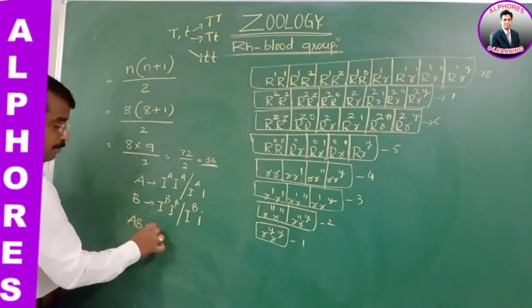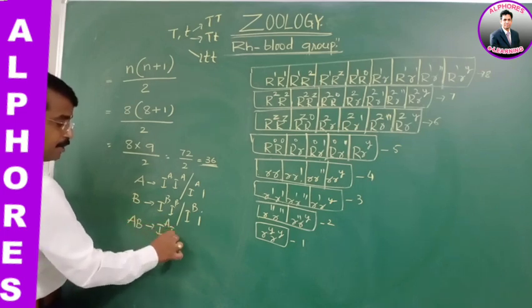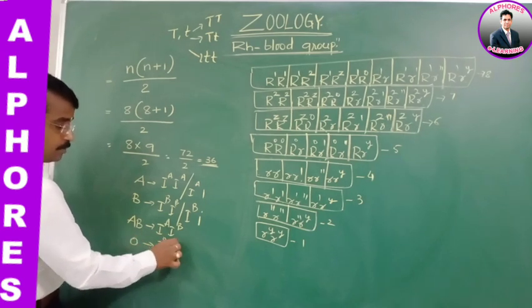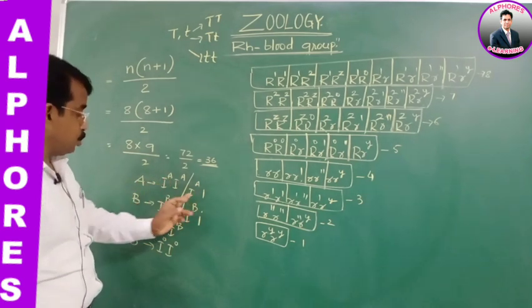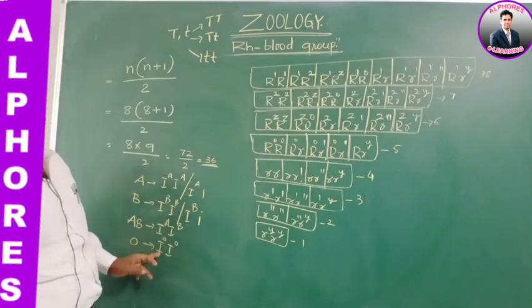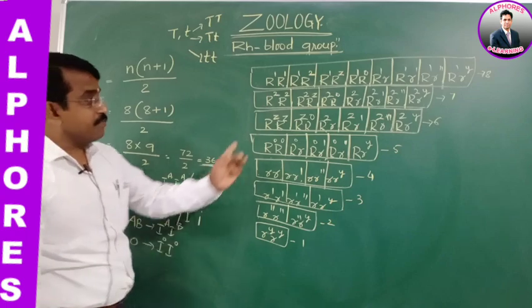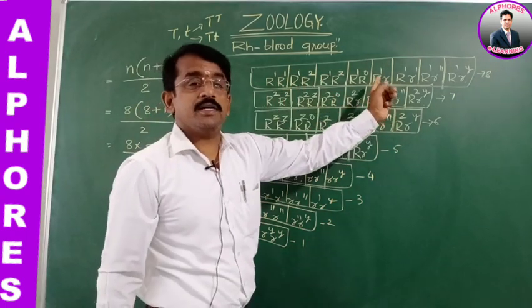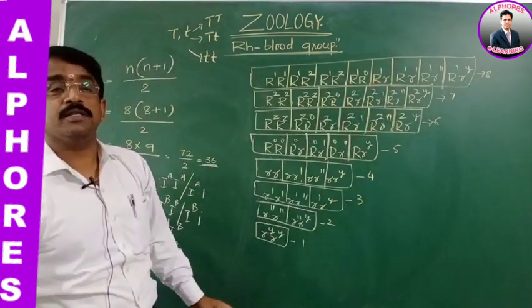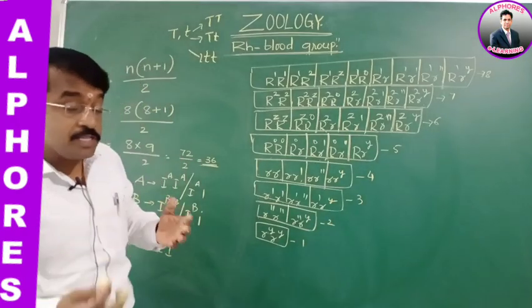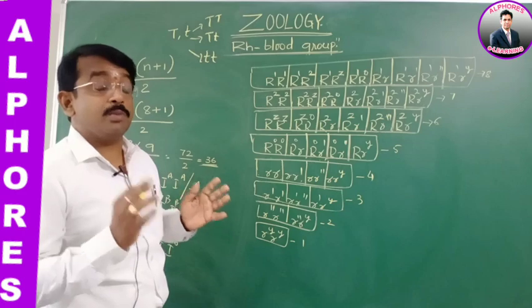Next, AB, IA IB, and O, IO IO. Right? So 1, 2, 3, 4, 5, 6. If the number of alleles are 3, number of genotypes 6. If the number of alleles are 8, the number of genotypes will be 36. In this connection, what is RH negative? This is a very, very important point.